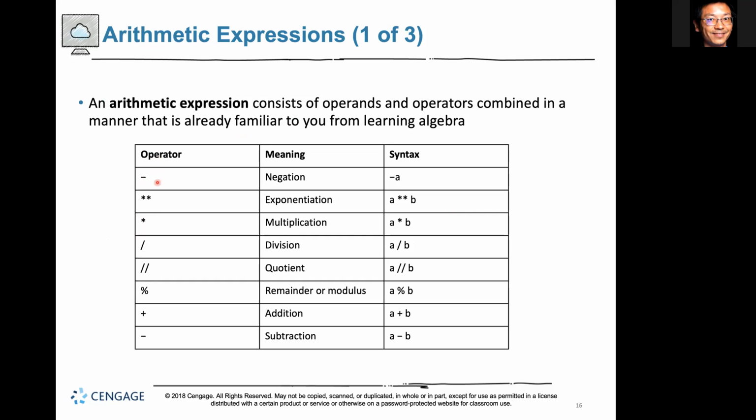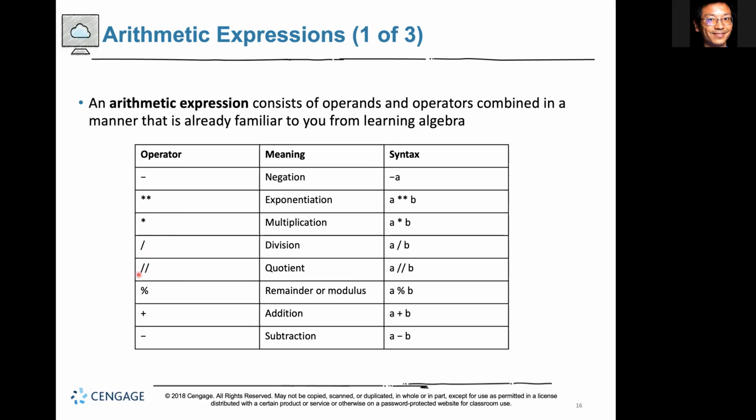You have the negation operator, and you have the exponentiation operator, which is kind of unique in Python. Many languages don't have exponentiation. And then you have multiplication. Now division, there are actually two kinds of division. This double slash is called the floor division, and this single slash is the real division. This division is what you actually mean in math.